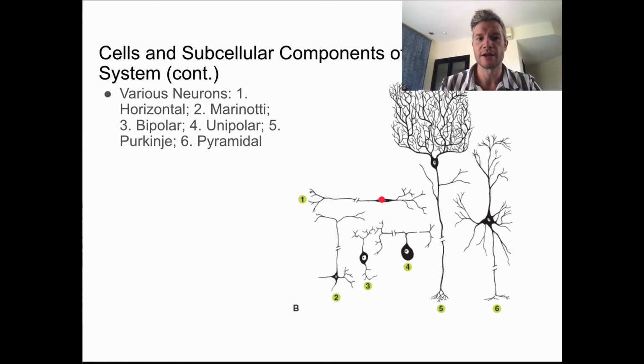When we have these kind of uni or bipolar type neurons, we're really having a quite specific signal with not much input, and then a signal that goes on because there's not too many dendrites and not too many synapses at the terminal end. But if we look at something like a Purkinje fiber, lots of input before we get the signal sent to a very specific place. So we want those to be able to fire very readily. Okay.